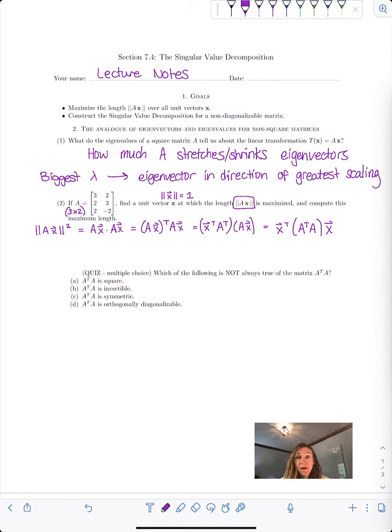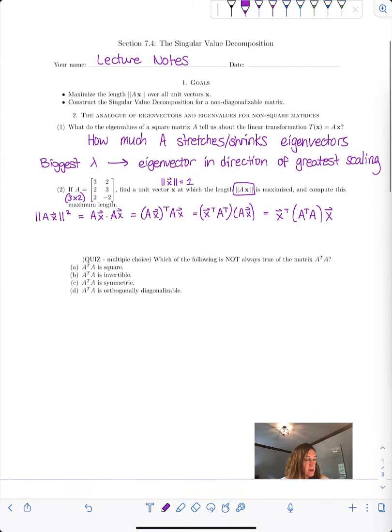Our only quiz today asks you to think about what is not always true of our matrix A transpose A. This matrix has a lot of different properties, but one of them is not always going to be true, so this quiz might take you a while to think about.